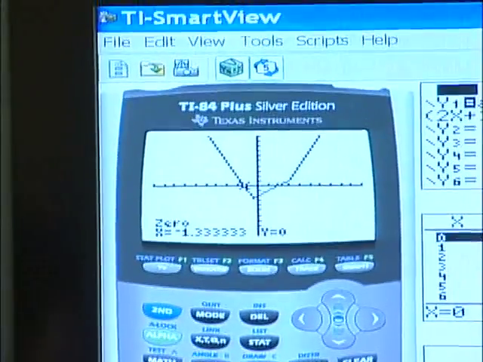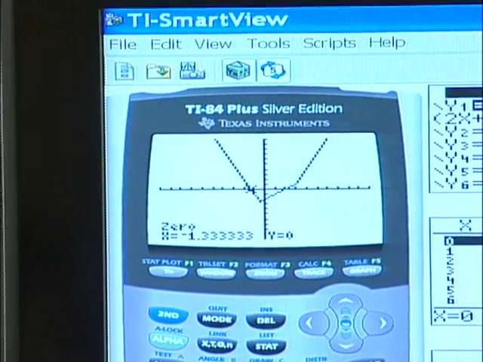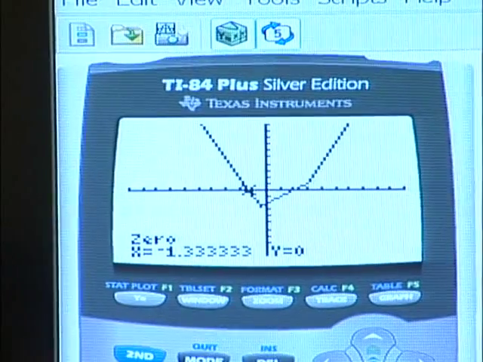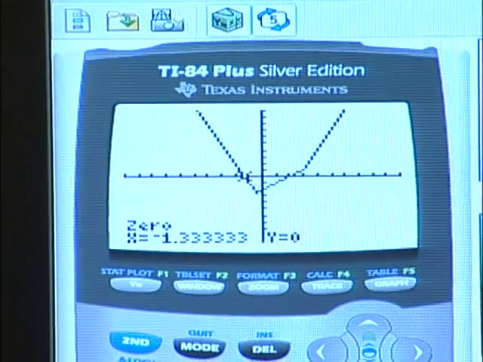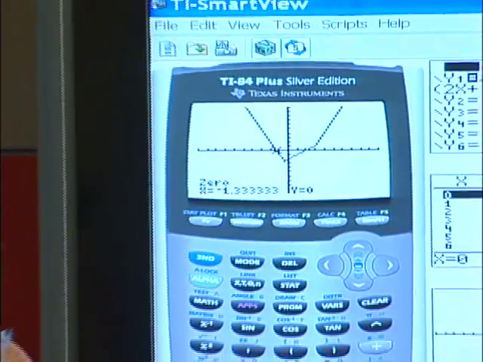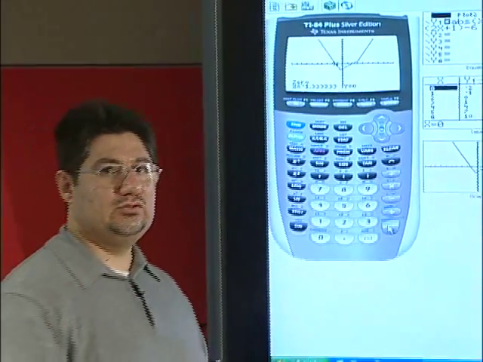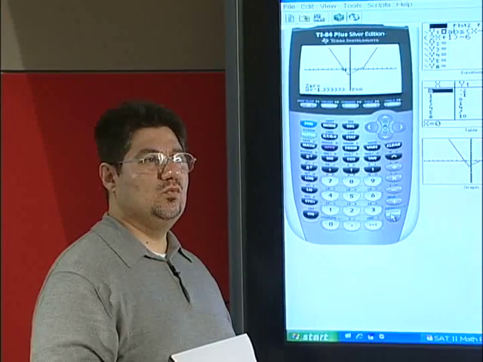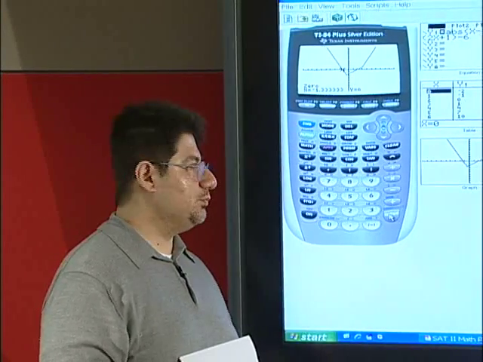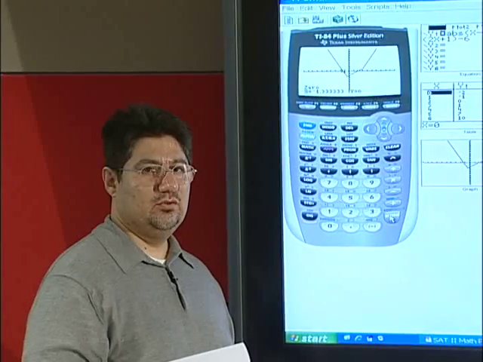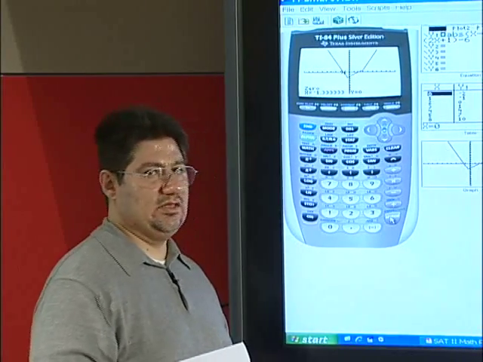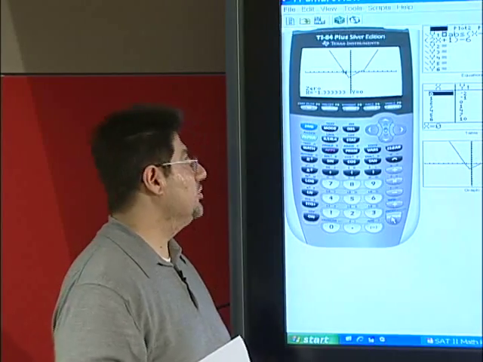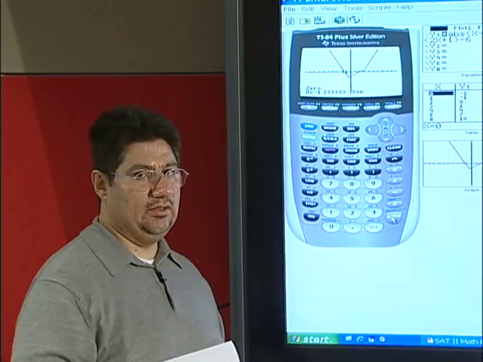Okay, our first 0 is minus 1.33. What we did was press second calculate 0, and then we had to specify the left bound and the right bound, and we were asked for a guess which can be skipped, and then we found one of the zeros, which is minus 1.33.